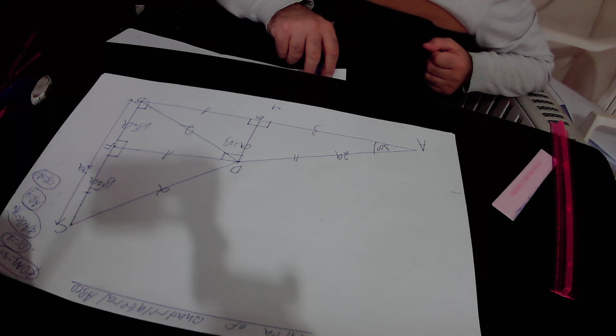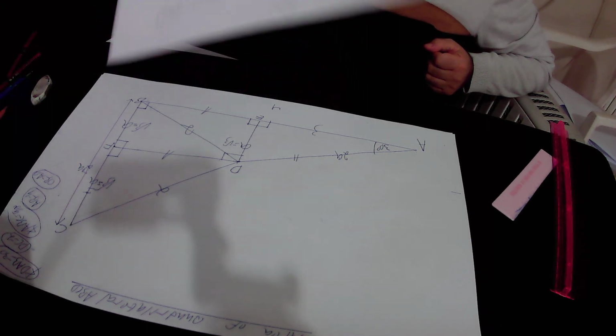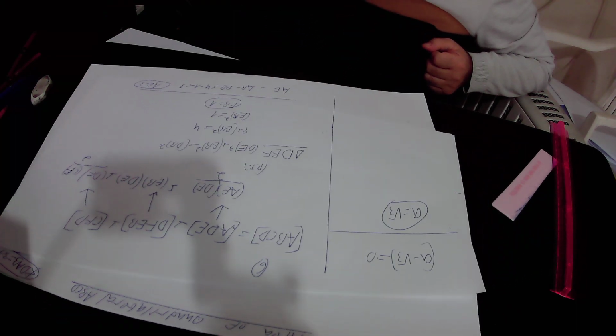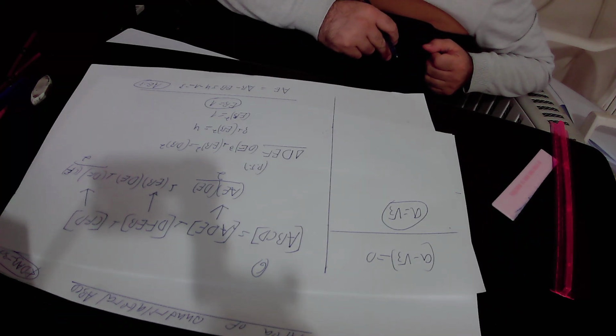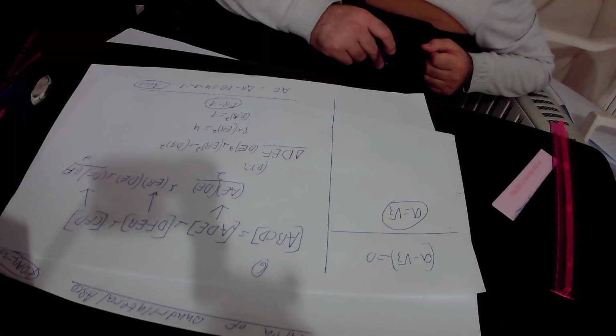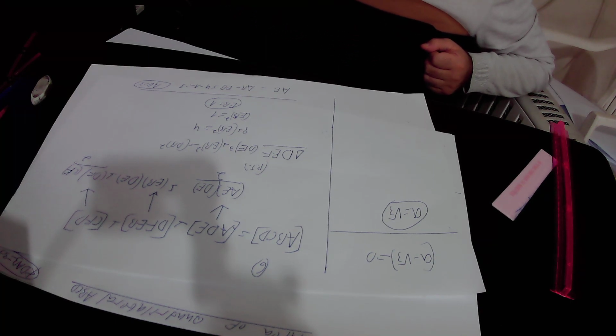Now we will continue to calculate the area of quadrilateral ABCD.